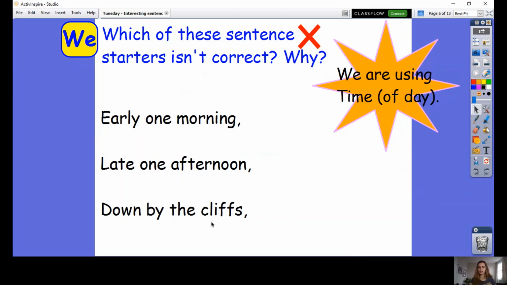Is that the time of the day it happened? No, that is where it happened. That is the setting. It's telling us if you went down by the cliffs, that is where your story is happening. It's not telling us in the morning, in the afternoon, at midnight. It's telling us where it happened. So that one wasn't our time of the day sentence opener.